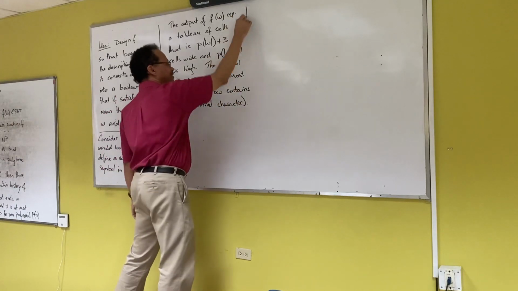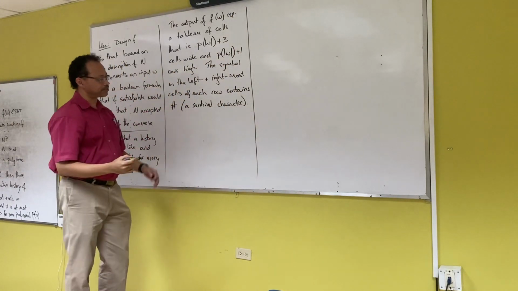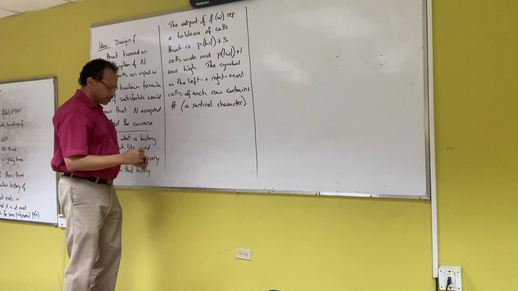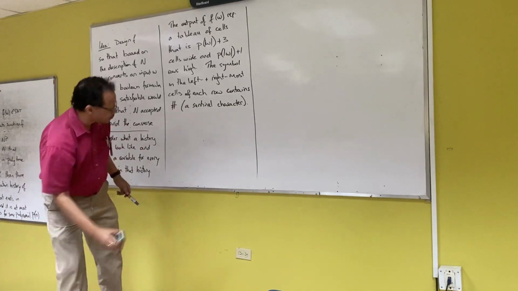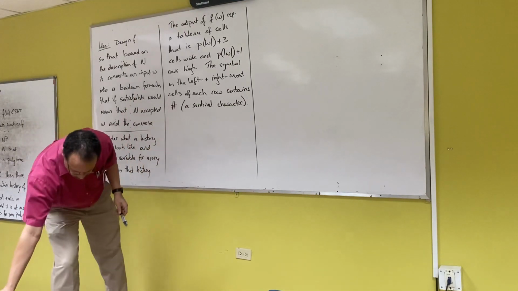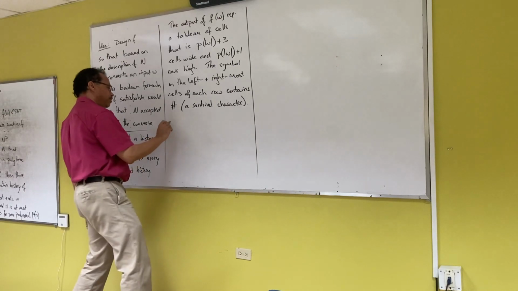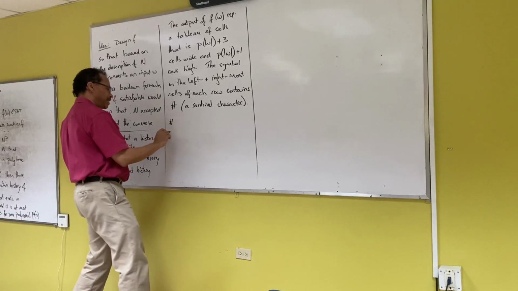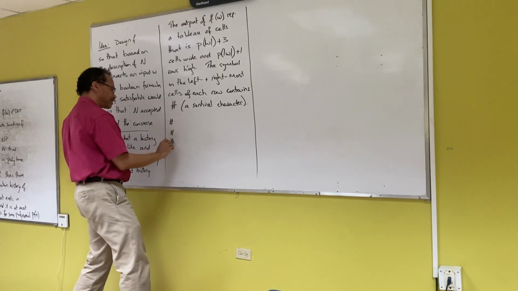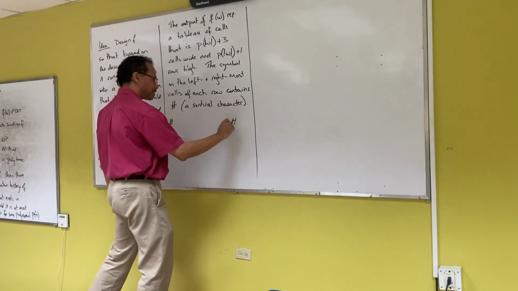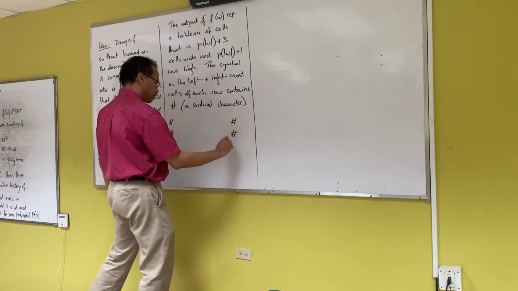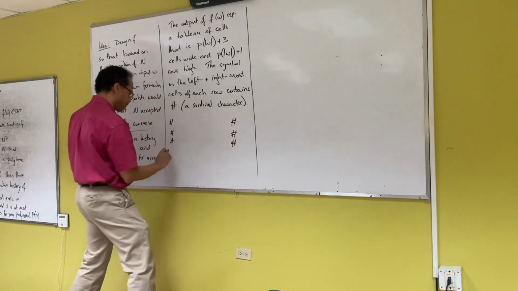Alright, let's take a look at one and draw some pictures. So that is going to be like this. A big table where I have these pound signs going down on the left side, and I have pound signs going down on the right side.